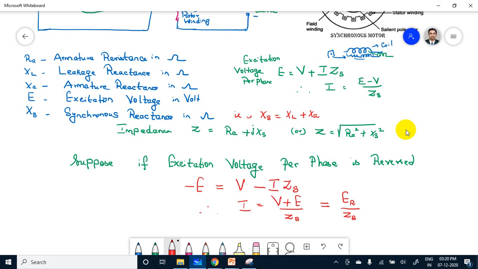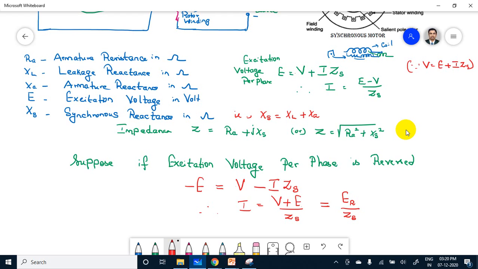Okay. Now here in the above equation I have made a mistake. When the excitation voltage per phase is positive, we know the basic equation V equal to E plus I Zs.